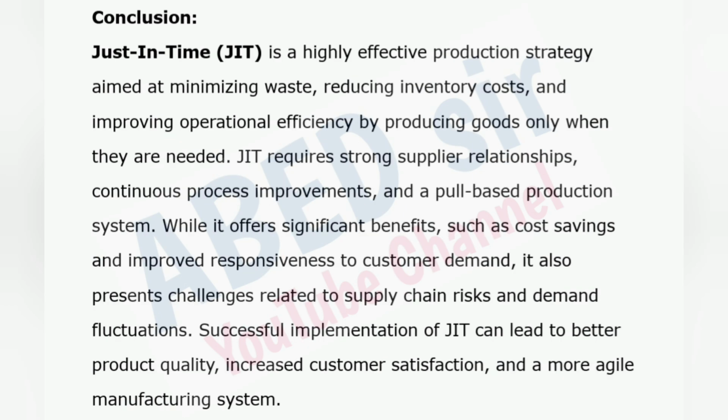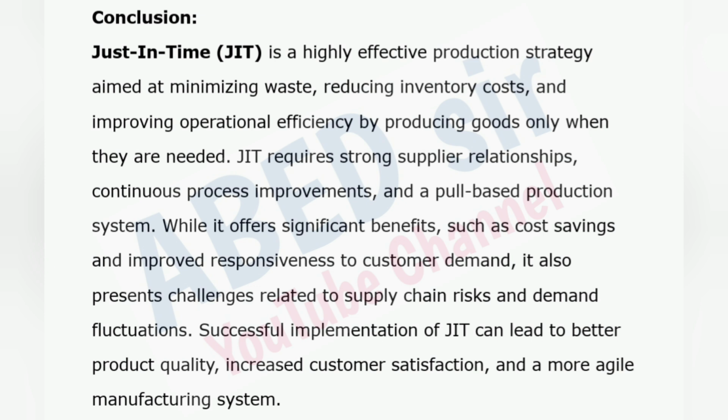Conclusion: Just-in-time (JIT) is a highly effective production strategy aimed at minimizing waste, reducing inventory costs, and improving operational efficiency by producing goods only when they are needed. JIT requires strong supplier relationships, continuous process improvements, and a pull-based production system.